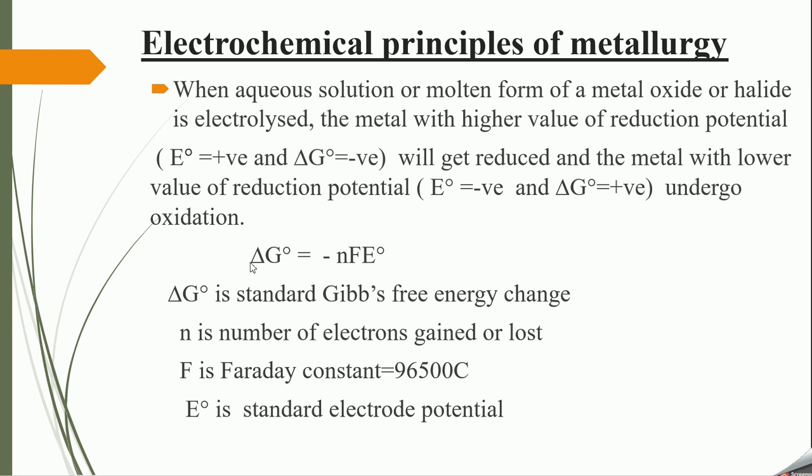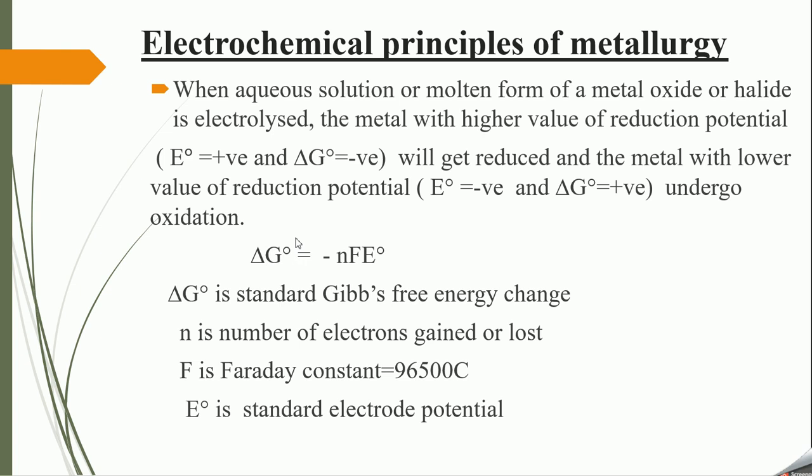Now, if we consider this equation, if the delta G naught value is negative, then the reaction is spontaneous. That means the reaction moves in the forward direction, meaning reduction takes place. If the delta G naught value is positive, then the reaction does not take place because that reaction is non-spontaneous.